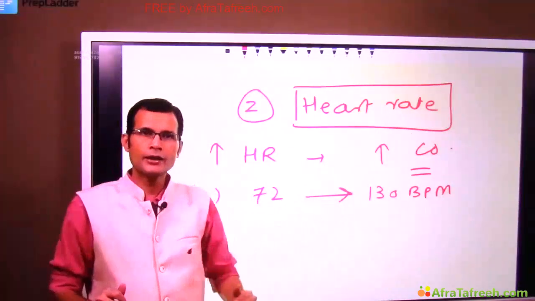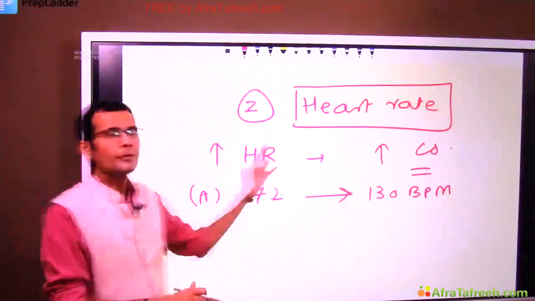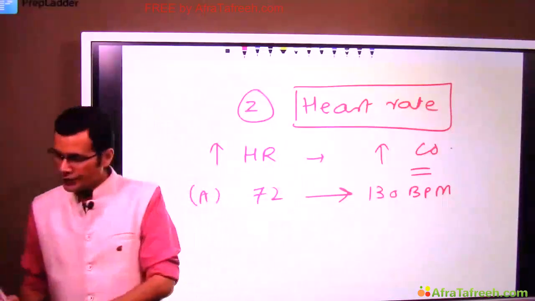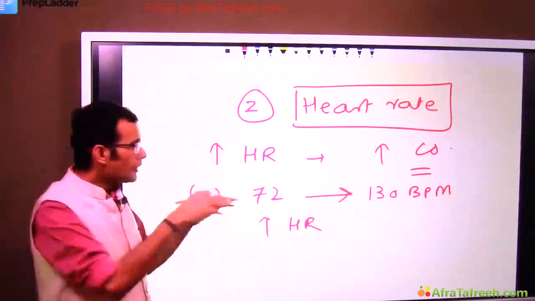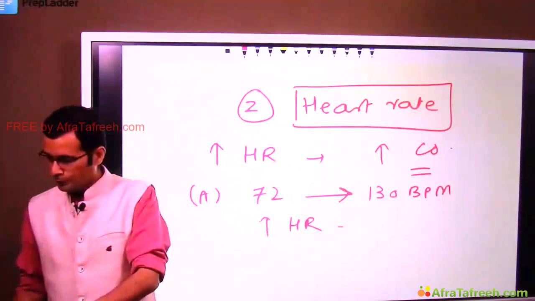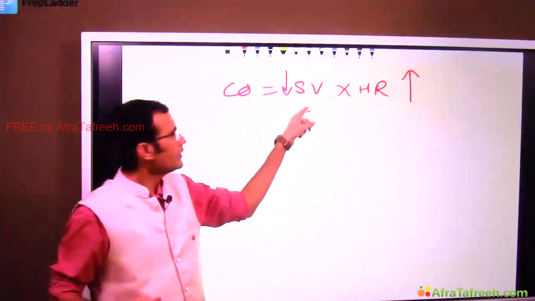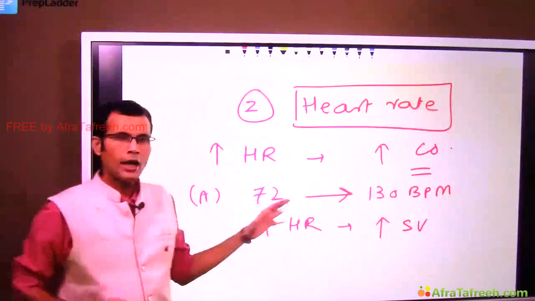First, an increase in the heart rate from 72 beats per minute to 130 beats per minute is not decreasing the stroke volume, it is increasing the stroke volume. I mean, the decrease is not happening actually. It actually increases the stroke volume. How?